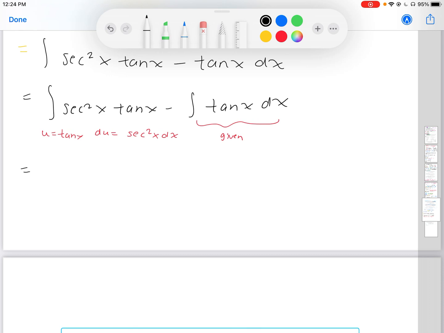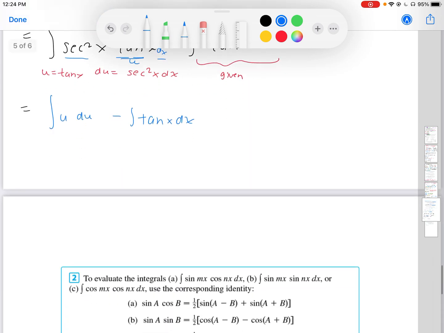All right, so for our first integral, we have u du, since that's our du and that's our u, minus the integral of tangent of x dx, which is given. We'll just write it down. Let's go ahead and integrate. So we have u squared over 2 minus, our integral for tangent is the ln of secant of x plus c.